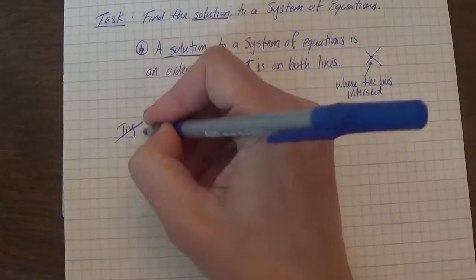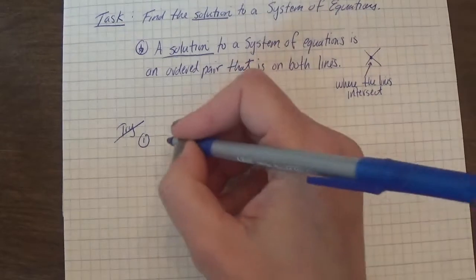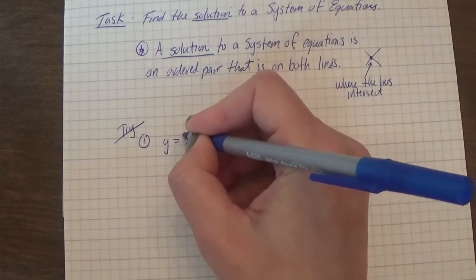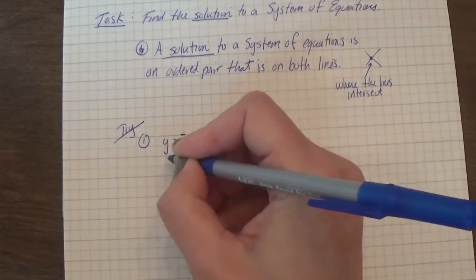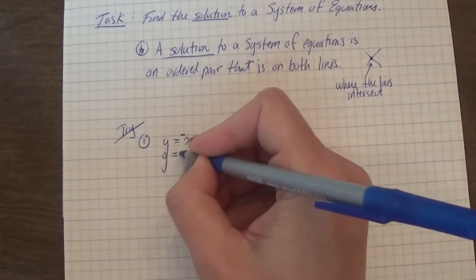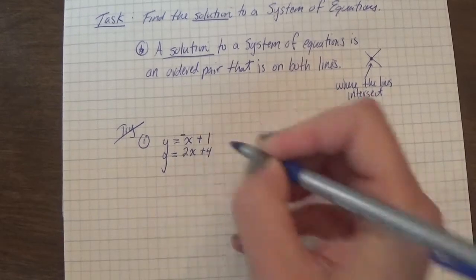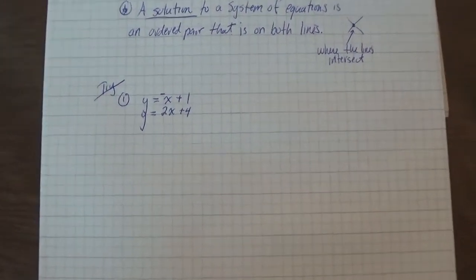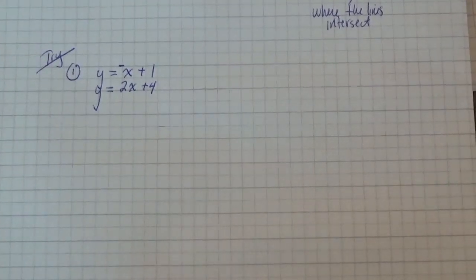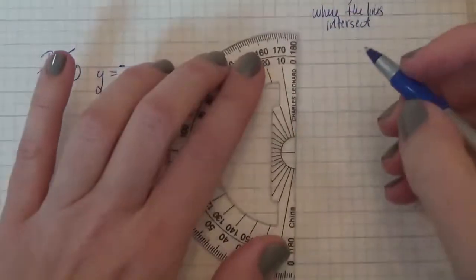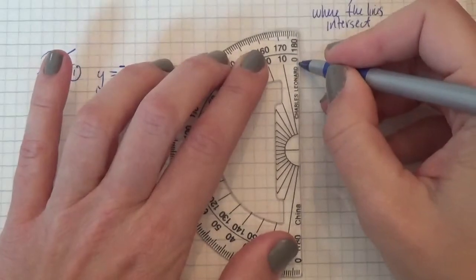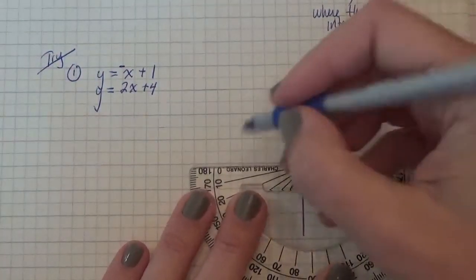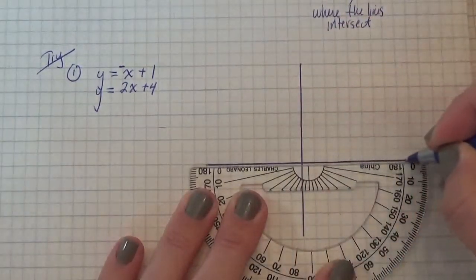So here's number 1. We've got the line y equals negative x plus 1, and the line y equals 2x plus 4. All right, so we're going to graph both of these lines on the same x and y axes and see where they cross.